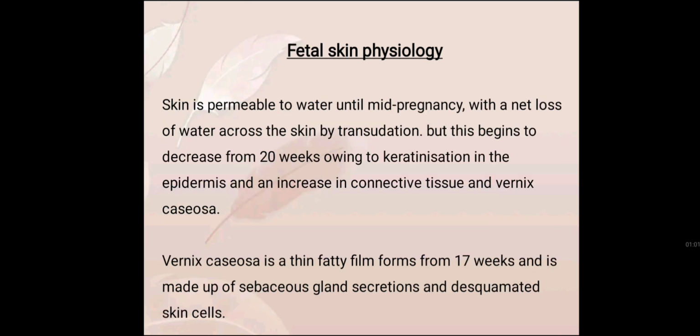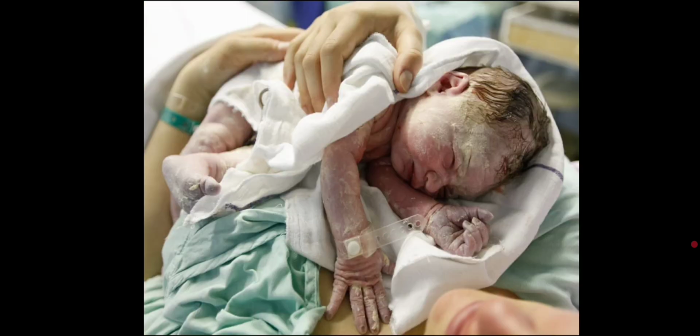Fetal skin physiology. The skin is permeable to water up to 20 weeks of gestation, then permeability decreases due to keratinization of the epidermis, increase in connective tissue, and formation of vernix caseosa. The vernix caseosa is a thin fatty film formed from 17 weeks, made up of sebaceous gland secretions and desquamated skin cells.